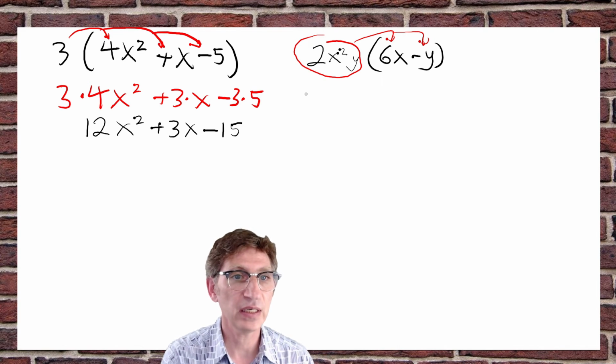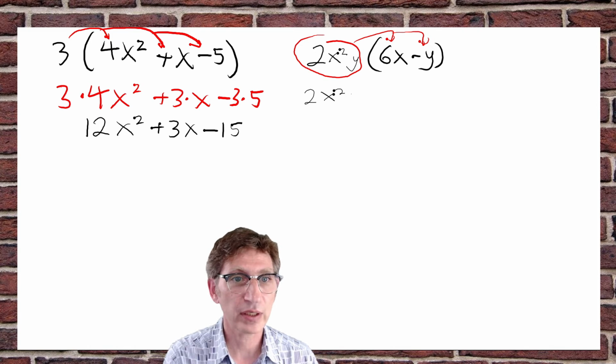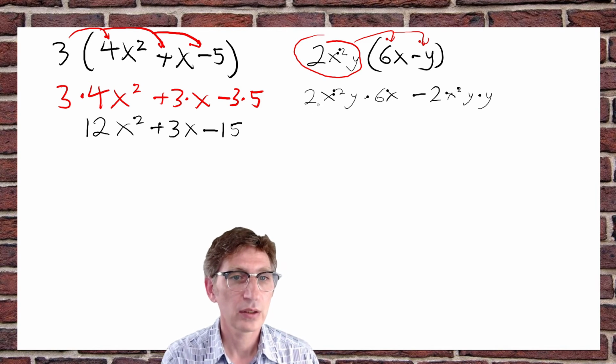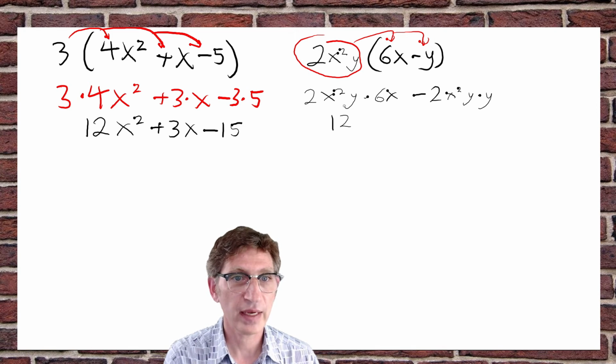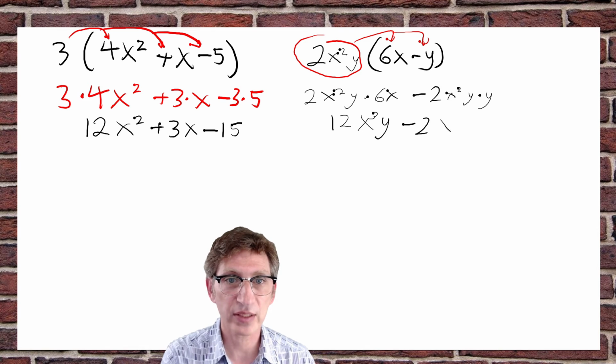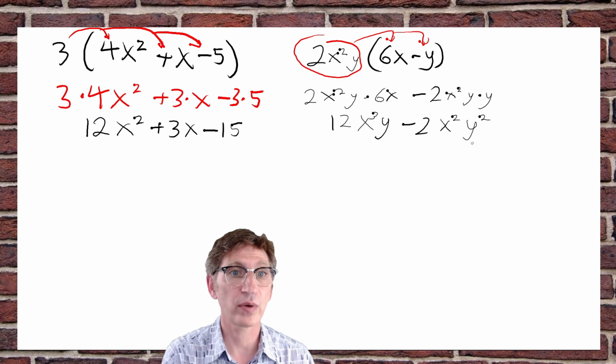That will give me 2x squared y times 6x minus 2x squared y times y. 2 times 6 is 12. X squared times x is x to the third. And I only have one power with a base of y, so I just have my y. Over here, minus 2, I have a power x squared, no other powers with a base of x, so that's x squared. And y times y, that's y squared.